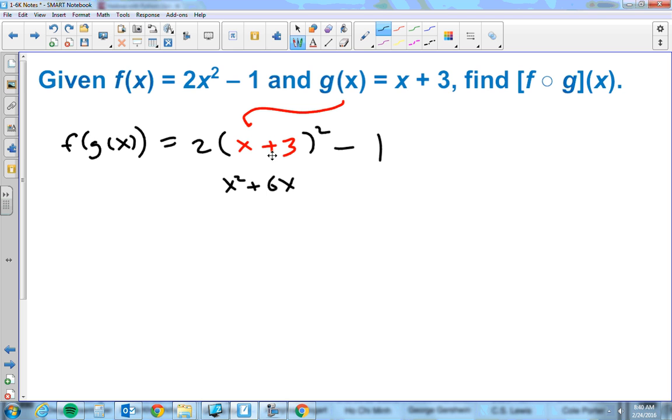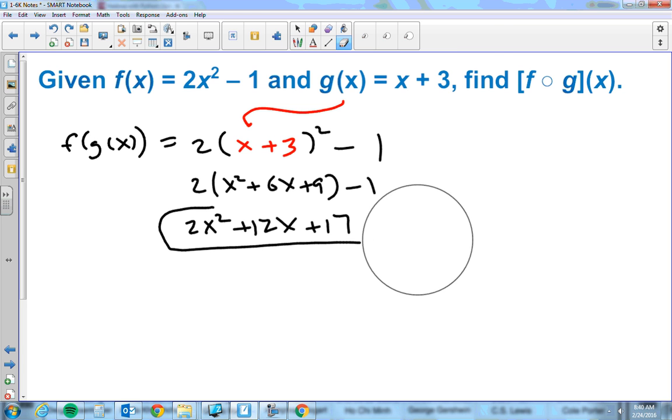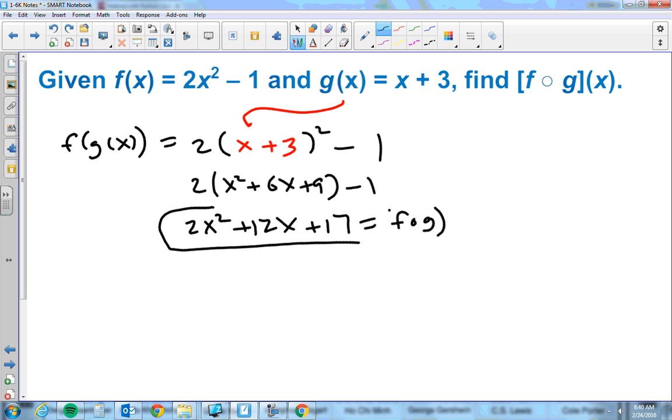Good, because you do 3x doubled, and then the plus 9 in the end. And then double everything, you get 2x squared plus 12x, and then that's going to be 18 minus 1 is 17. And then here, that equals the composite function, f composed with g. Okay?